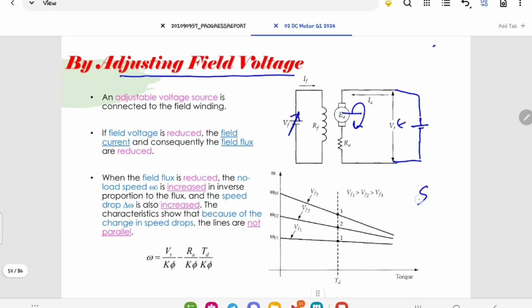So what happens to the characteristic of the speed versus torque of your DC motor? You can see that the slope is not parallel anymore, but it still gives you the no load speed reduction. Together with the no load speed reduction, you will also have reduced motor speed here. So this is your motor speed 3, motor speed 2, and motor speed 1.